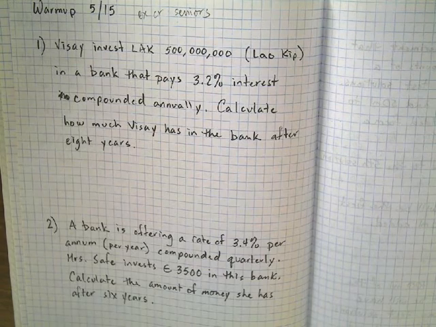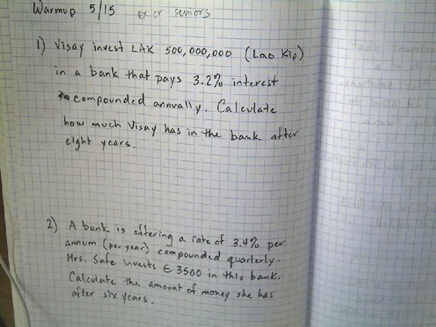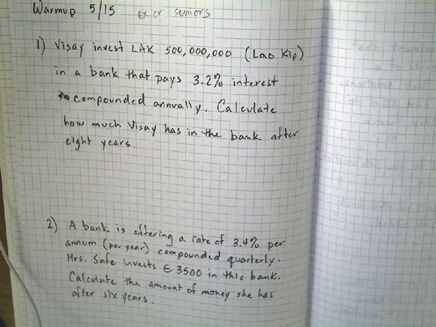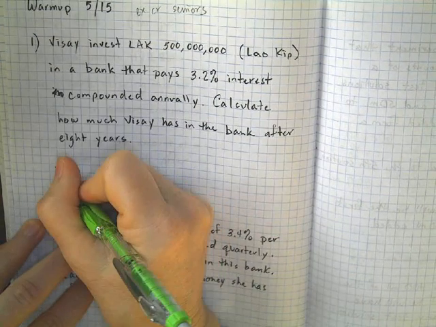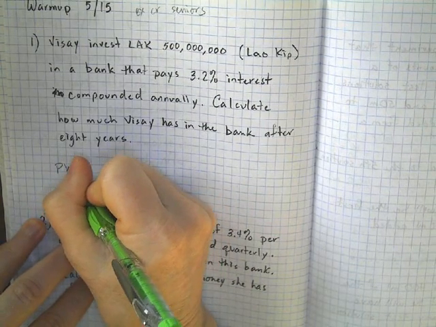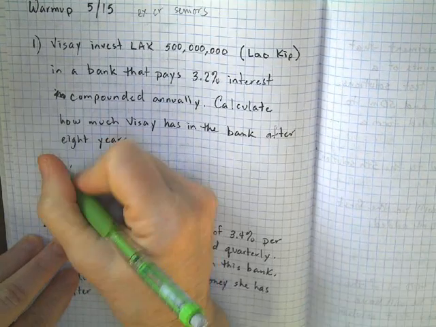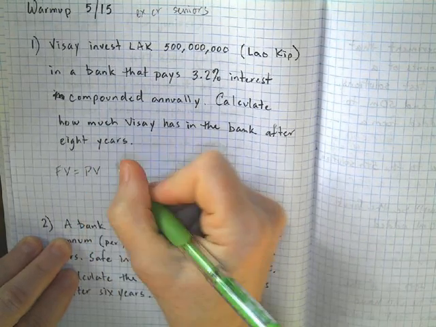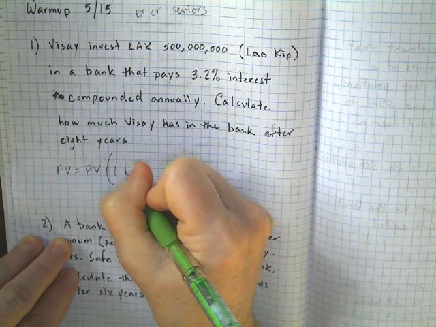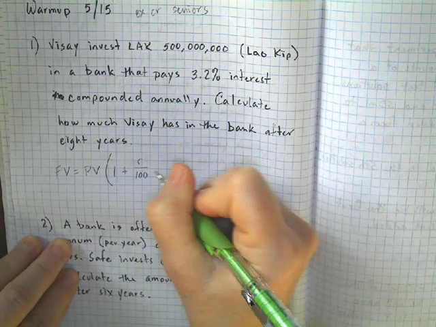Okay, so this is simply a matter of using the formula from the worksheets that you were given. The formula was the future value, sorry, I don't have my glasses on. The future value is equal to the present value times (1 plus r over 100) to the n.